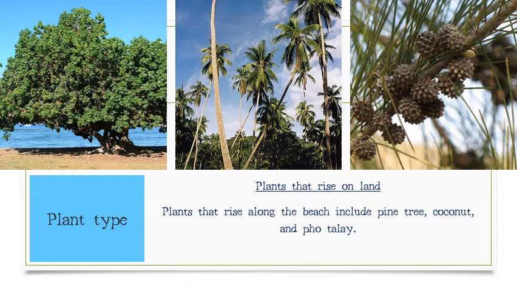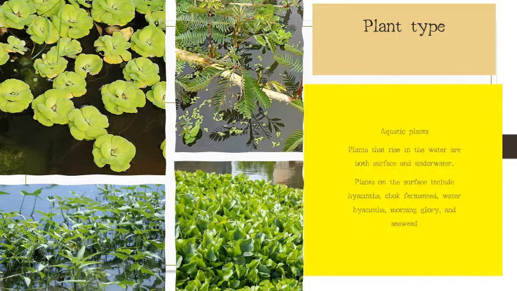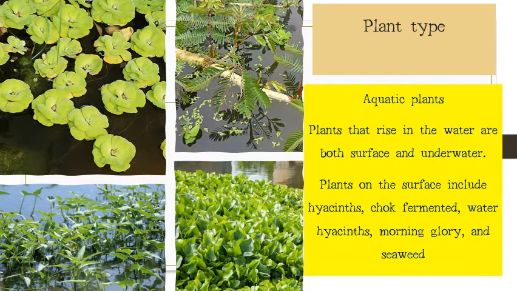These are the plants that you can find on the beach. Kids, another type of plants that you need to learn grow in the water, and they are called aquatic plants.